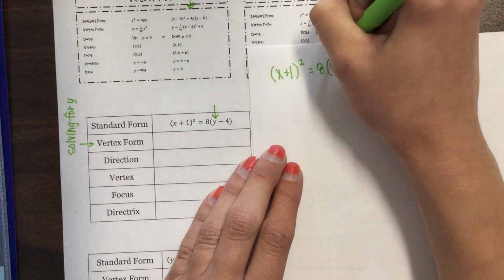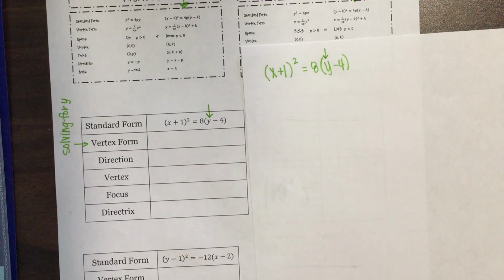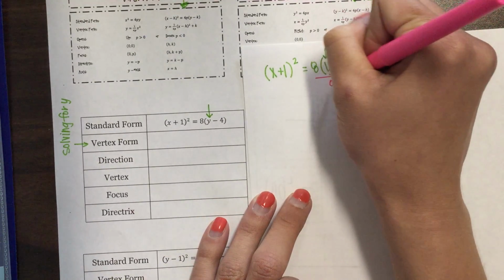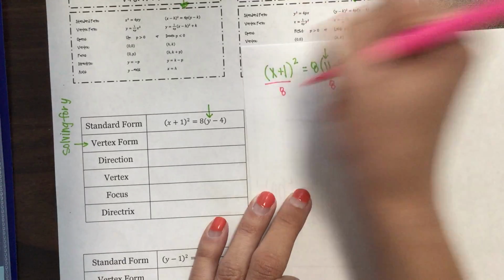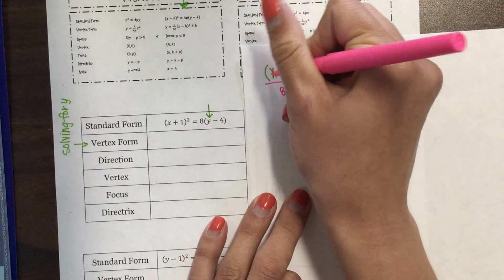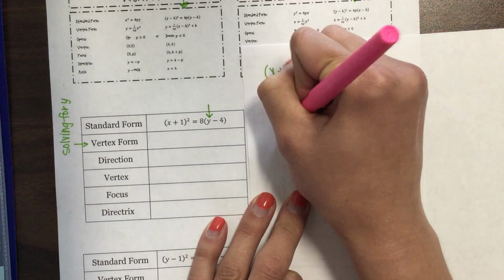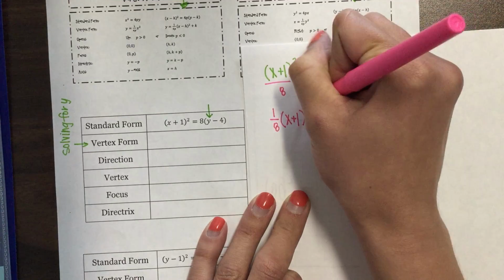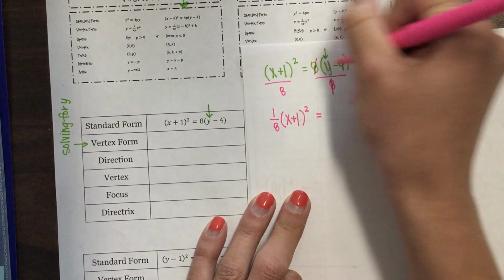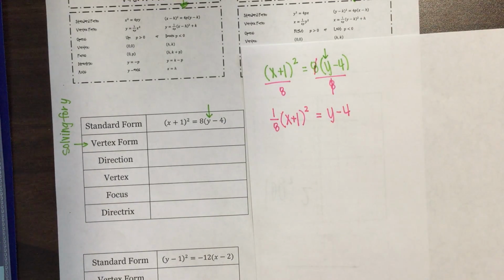I need to get this y by itself. So first I'm going to get rid of that 8, so I'm going to divide both sides by 8. The 8's right here cancel, and I'm left with x plus 1 squared over 8, which is the same thing as 1/8 x plus 1 squared, equals y minus 4.